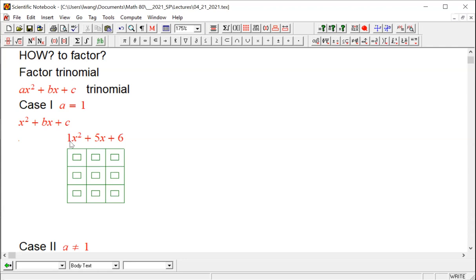So with that recognized, we know that 1 equals 1 times 1. So I'm going to set it up in a way that this 1 is 1 times 1. You don't need that sign there. 6 equals 2 times 3.